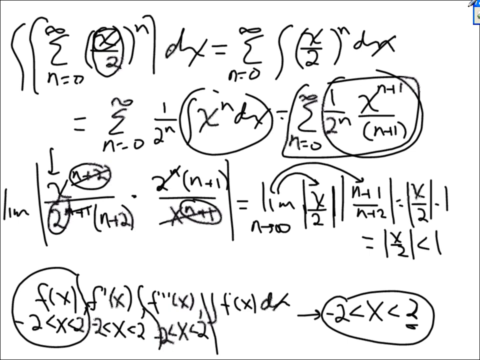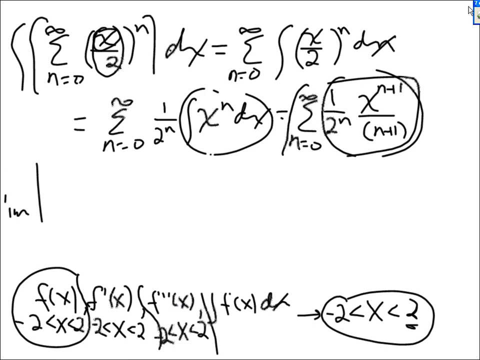So now, like always, we have to go back and check the endpoints. We need to check the endpoints. What happens when x is 2? What happens when x is negative 2? When I say what happens, I'm talking about does it converge or diverge?